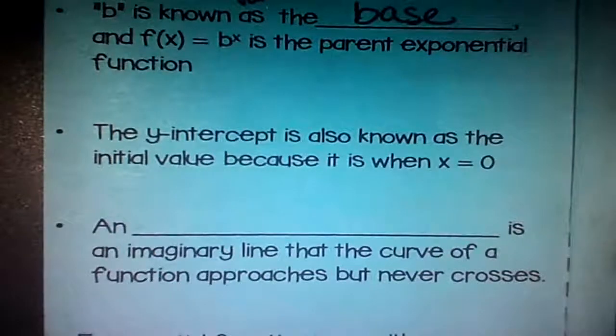I can raise -2 to the 0 power, and my answer is 1. I can raise xyz to the 0 power, and my answer is 1. So 7 billion to the 0 power is 1. 17 million raised to the 0 power is 1. That is an exponent rule. Anything to the 0 power is 1.